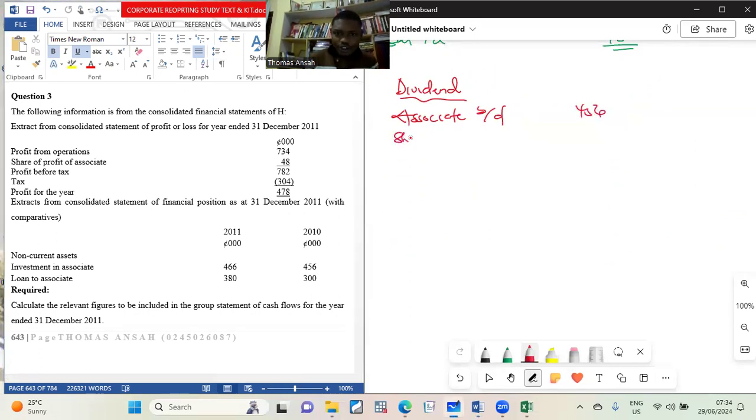Then share of profit. The share of profit of associate was 48. We add that. So that is that. Then we have our closing balance, balance carried down. That one gives us 466.